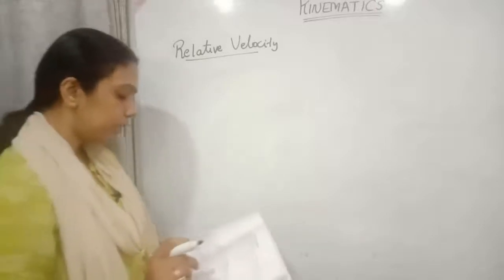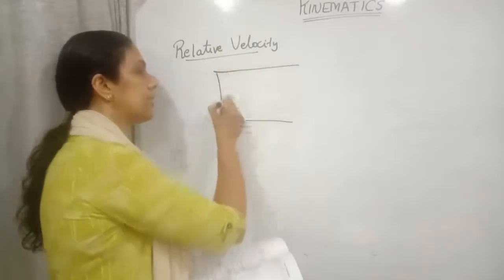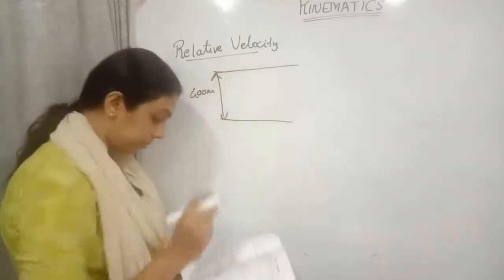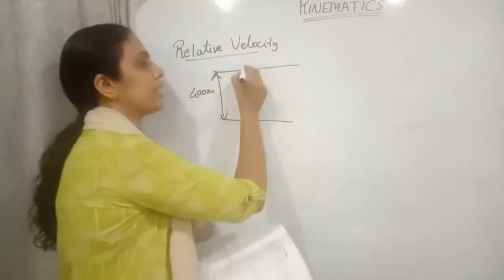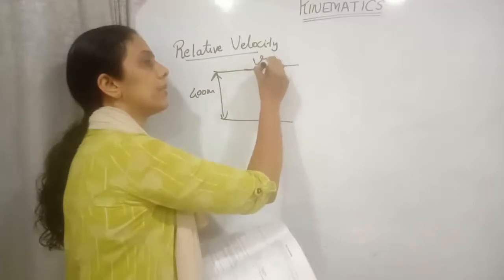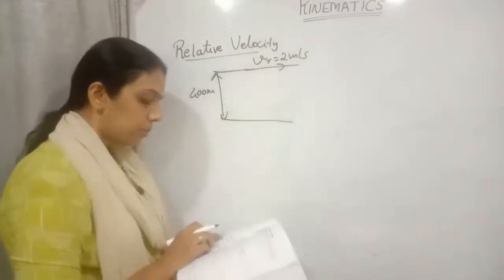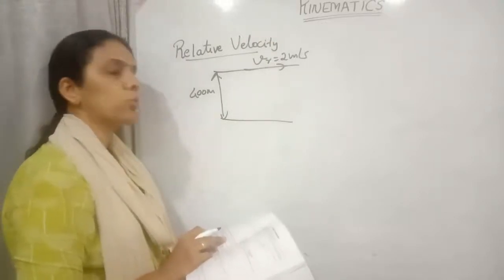So here a river 400 meter wide. So this is the river which is 400 meter wide, flowing at a rate of 2 meter per second. So the river velocity is given as 2 meter per second. A boat is sailing at a velocity of 10 meter per second with respect to water.